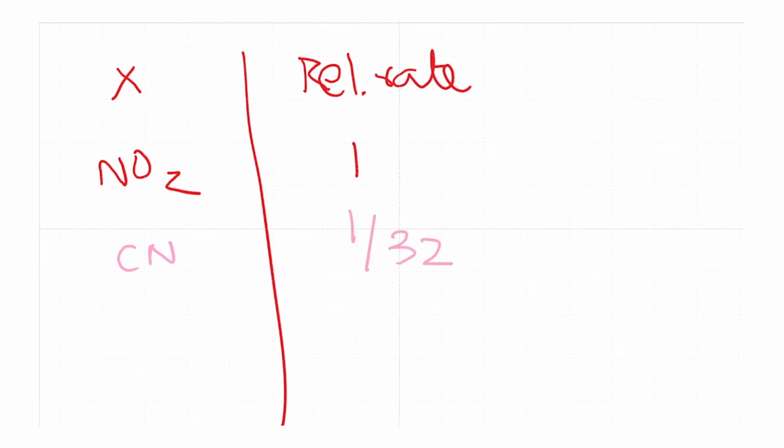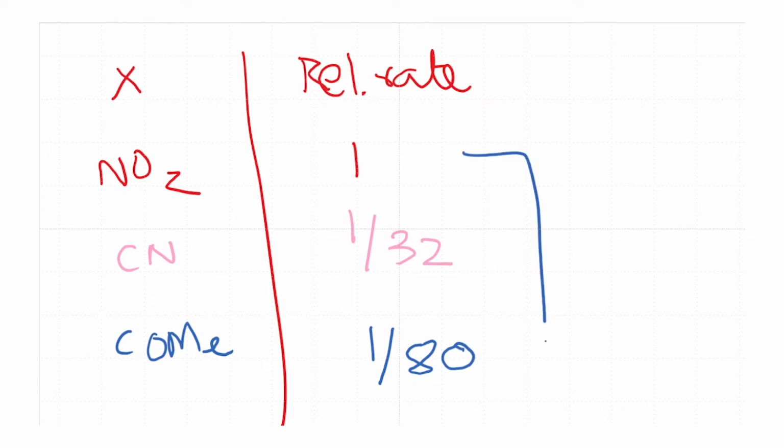That means it is 32 times slower. The last example we're looking at in the series is the COMe group, which is 1 by 80. So the difference in the rate of nucleophilic aromatic substitution between these two compounds is quite significant.